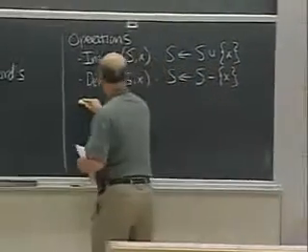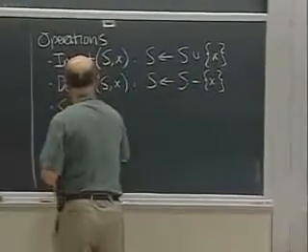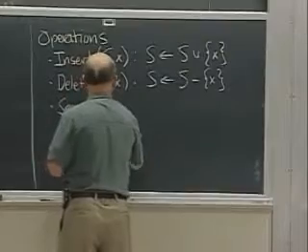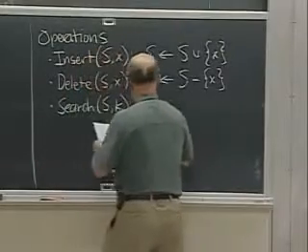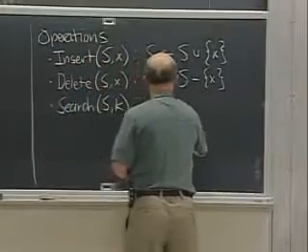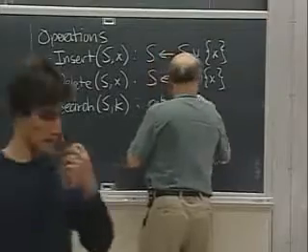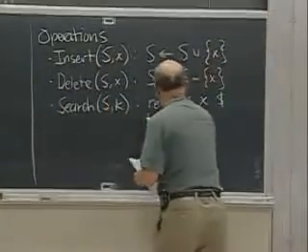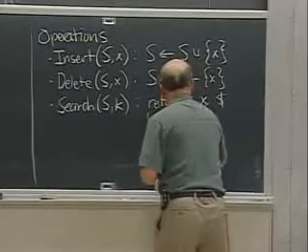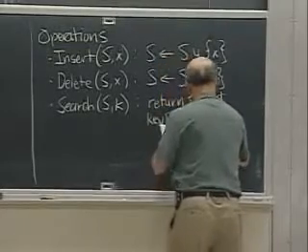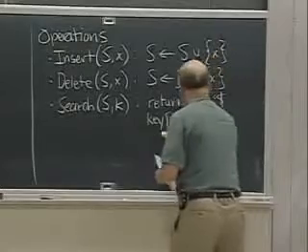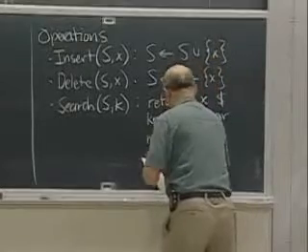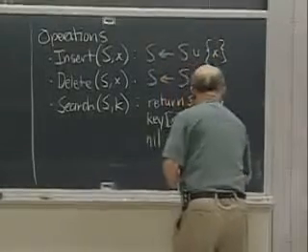And we want to be able to search for a given key. This returns the value X such that key of X is equal to K, or it returns nil if there's no such X.